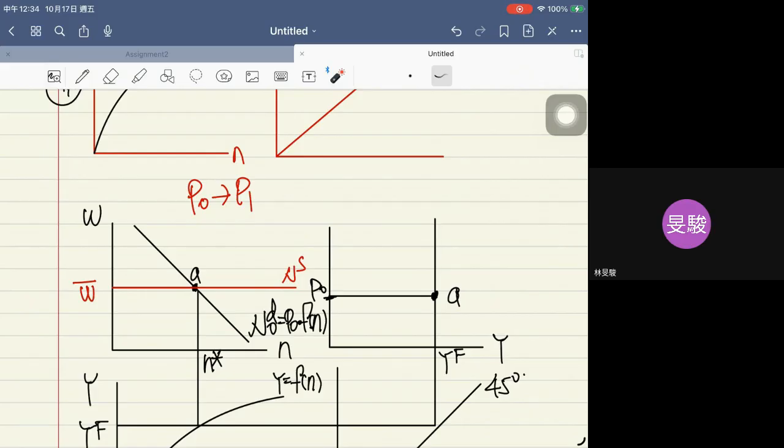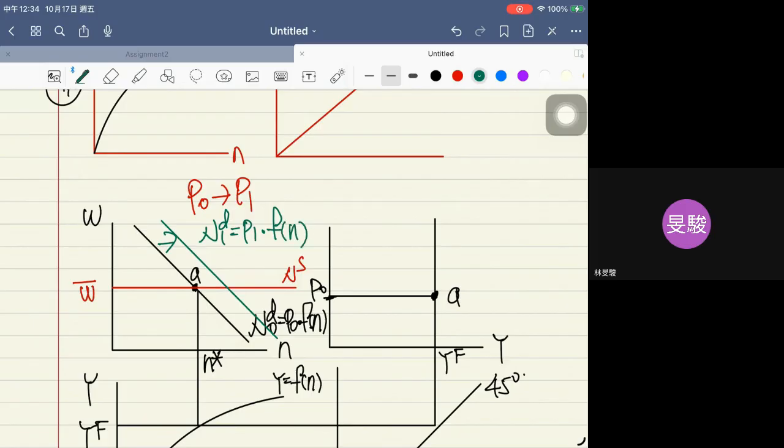While the demand curve will shift to N1.